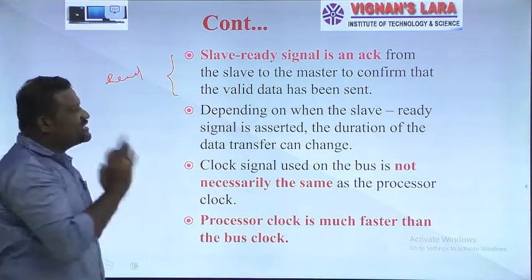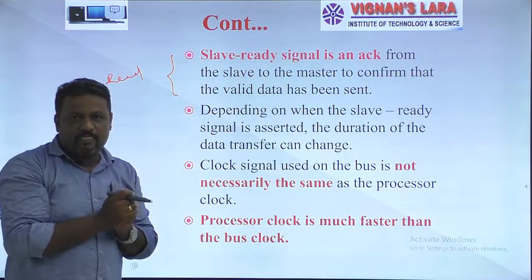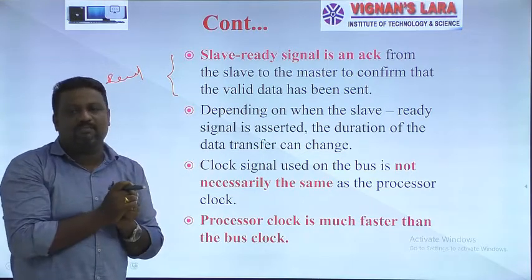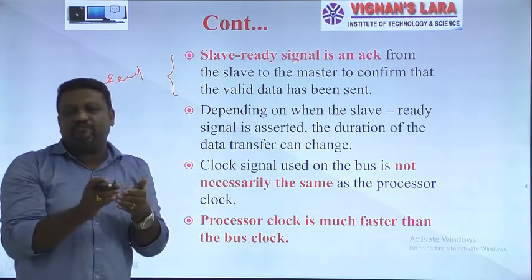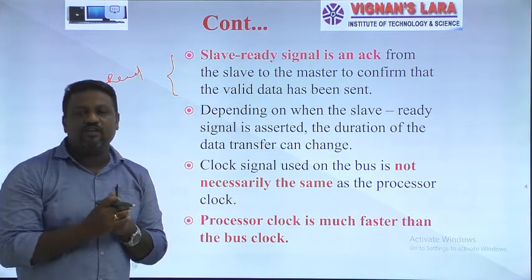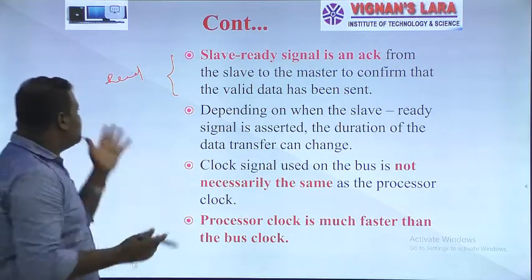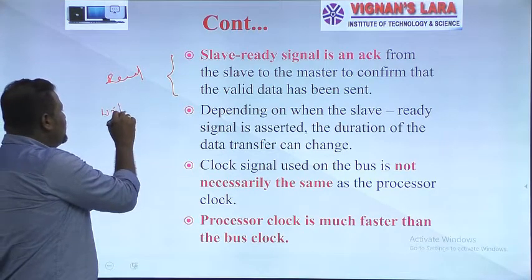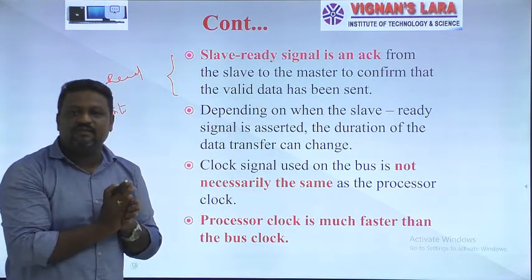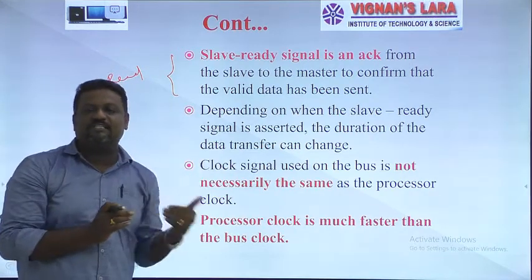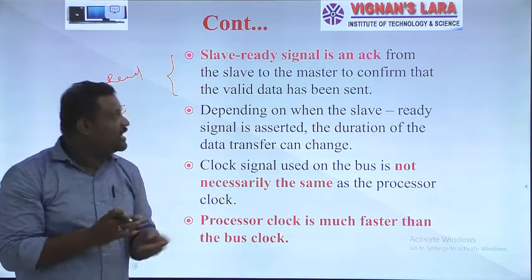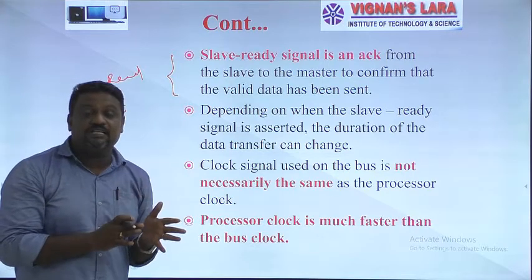That means the master needs something from a slave. So whenever a slave successfully transfers valid data to a master, it will inform the master by sending this slave ready signal, which is an acknowledgement. You can take it another way: if your operation is write, once you send an address as well as command signals, and the slave successfully receives them and is ready to participate in a data transfer operation, it activates this slave ready signal.